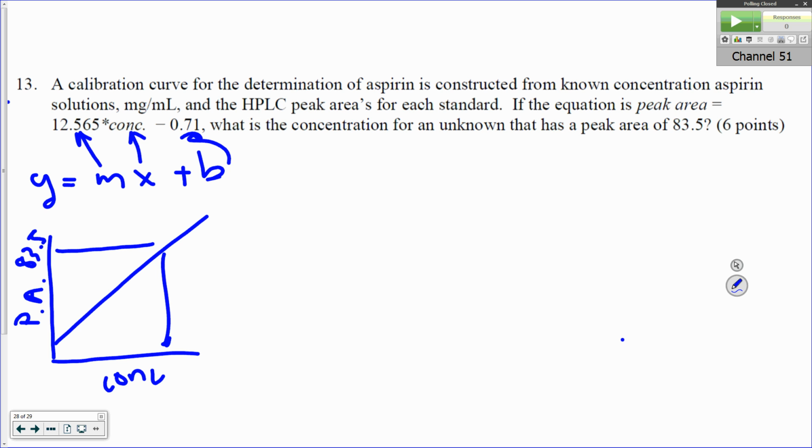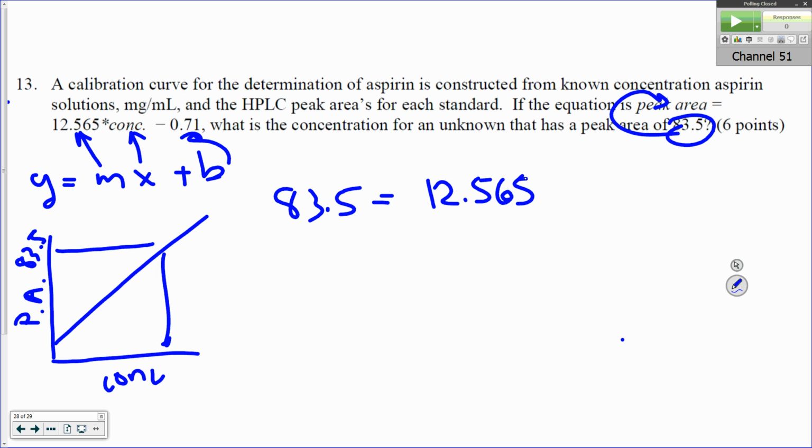So the way that we're going to do it mathematically is simply substitute this in for the y value. So the way we're going to solve it is 83.5 equals the 12.565 times concentration. So you're just doing the math to isolate the concentration term. That's what we're looking for.